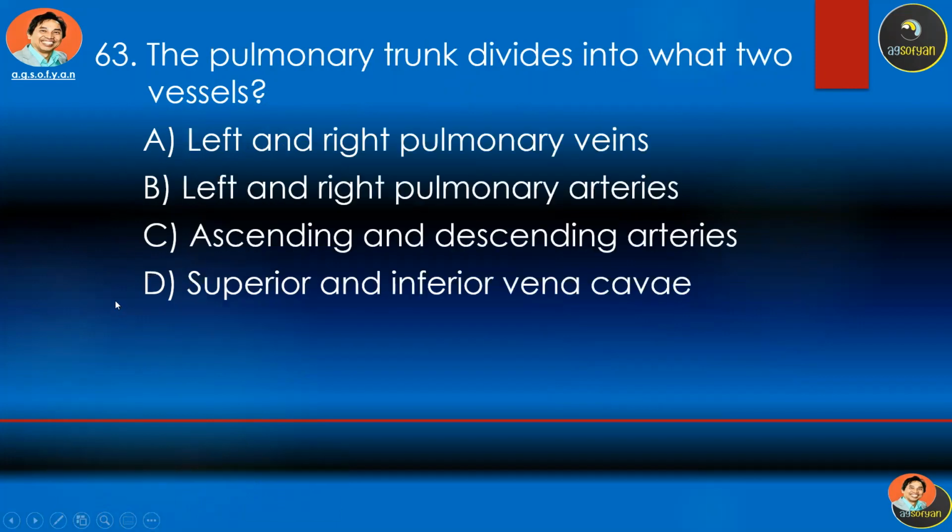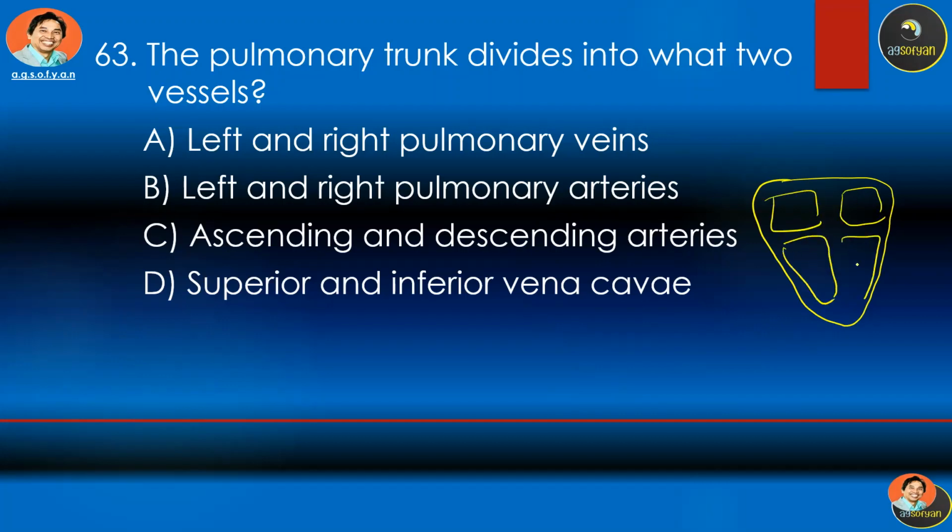The pulmonary trunk divides into what two vessels? A, B, C, or D. Okay, so it is the heart, atrium, right atrium, left atrium. So this is the right atrium. This is the right ventricle. So the right ventricle will pump the blood to this pulmonary trunk.